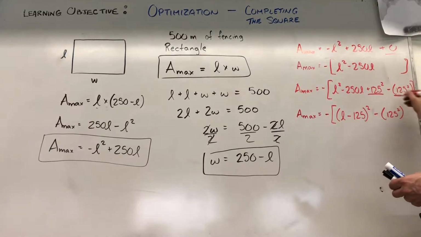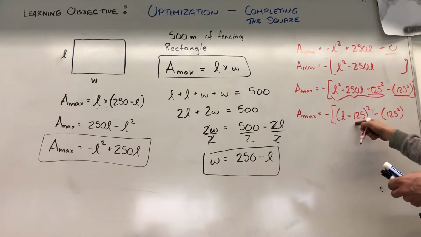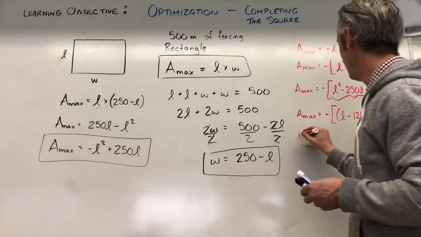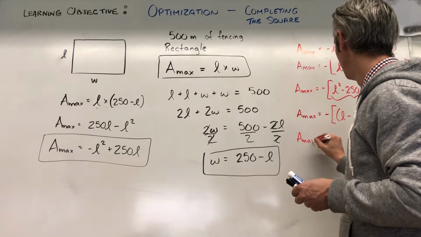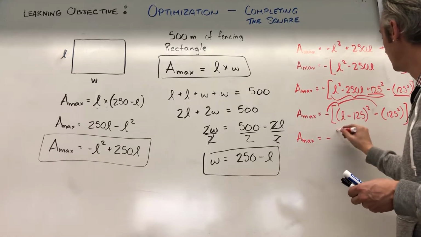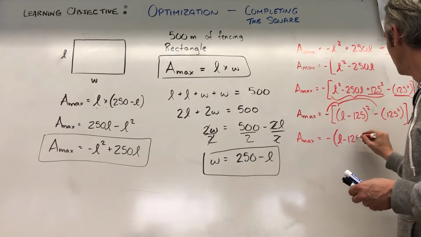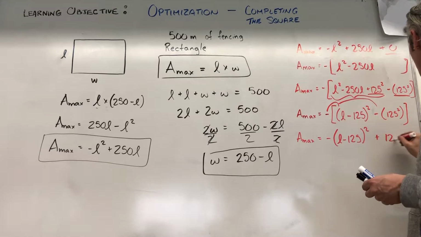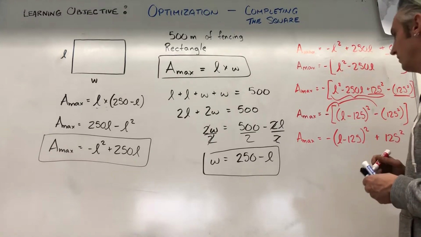So this completes the square here, and this is the part that was left over. Area max is equal to, I'm going to distribute this negative, so negative (L minus 125) squared plus 125 squared.